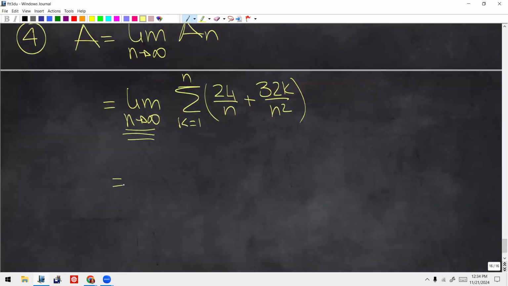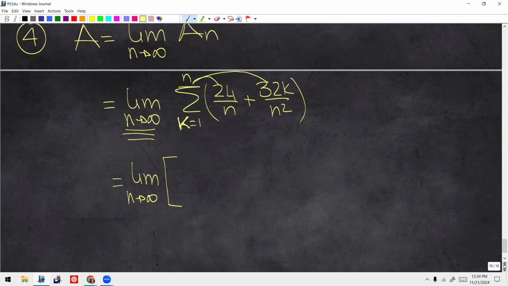Okay. So we're going to use properties of summation now to rewrite this, okay? One of the properties of summation is you can distribute a summation, and anything that doesn't have anything to do with k can be taken out. That's one of the properties of summation. So for example, is there any k in here?